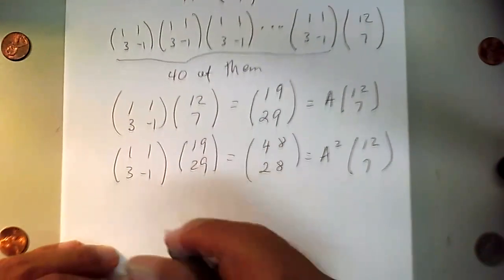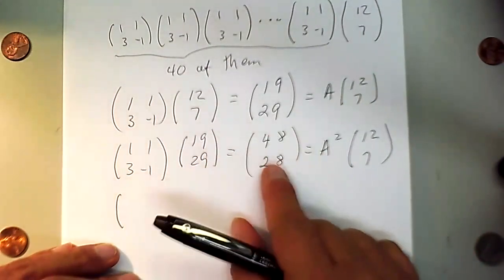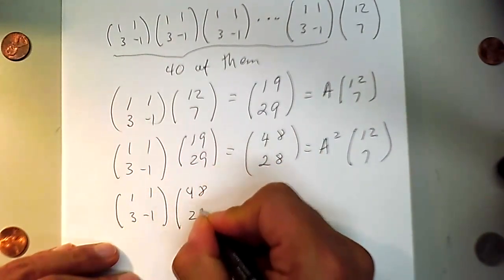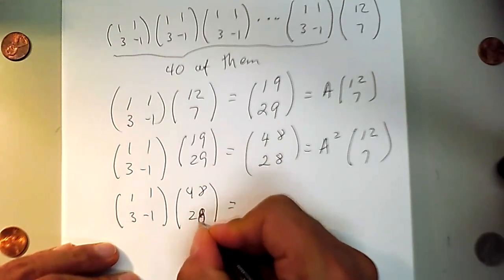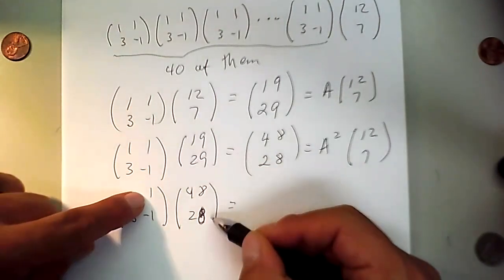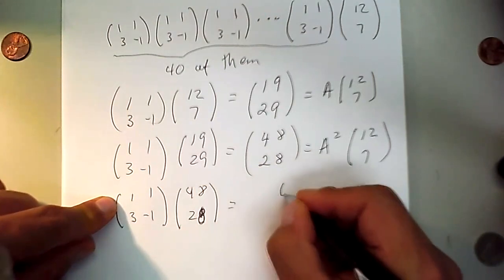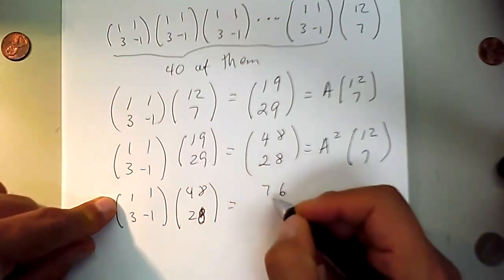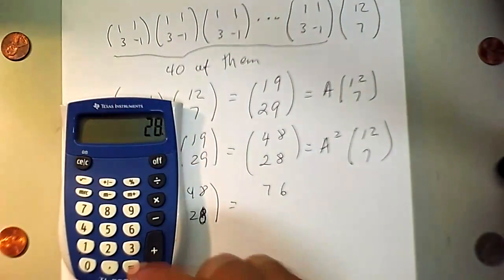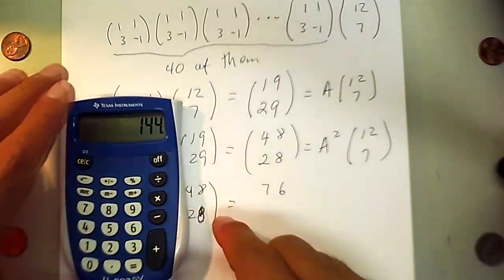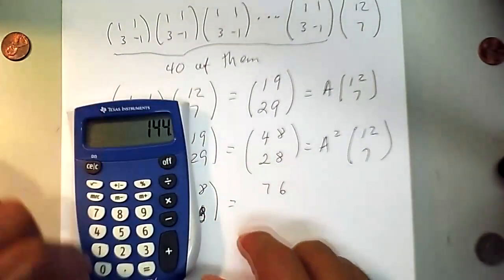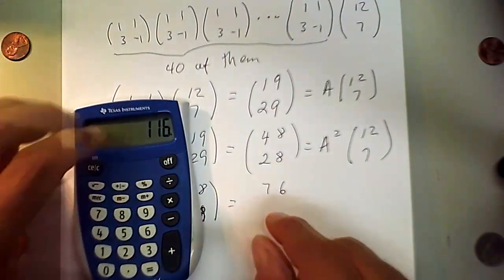And then let's do one more. If we take this answer, 48, 28, and multiply it with 1, 1, 3, negative 1, we add those two, and that gives us 76, and then 3 times 48 equals 144, minus 28, that gives us 116.